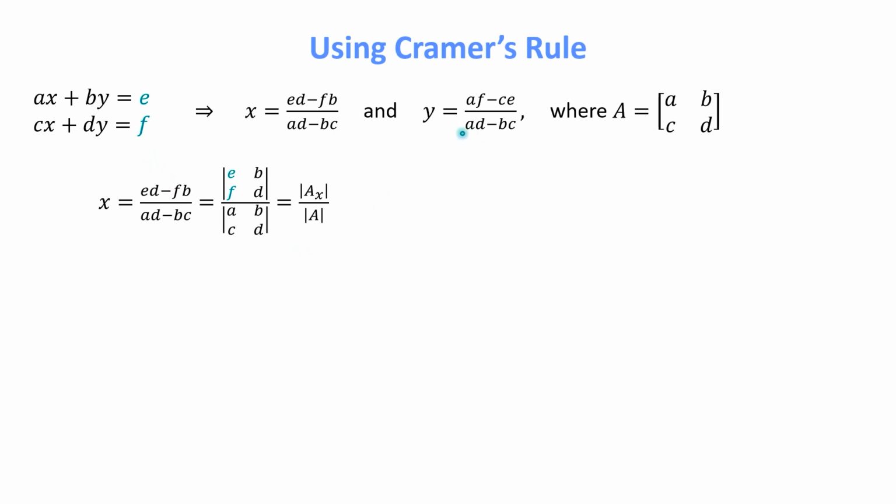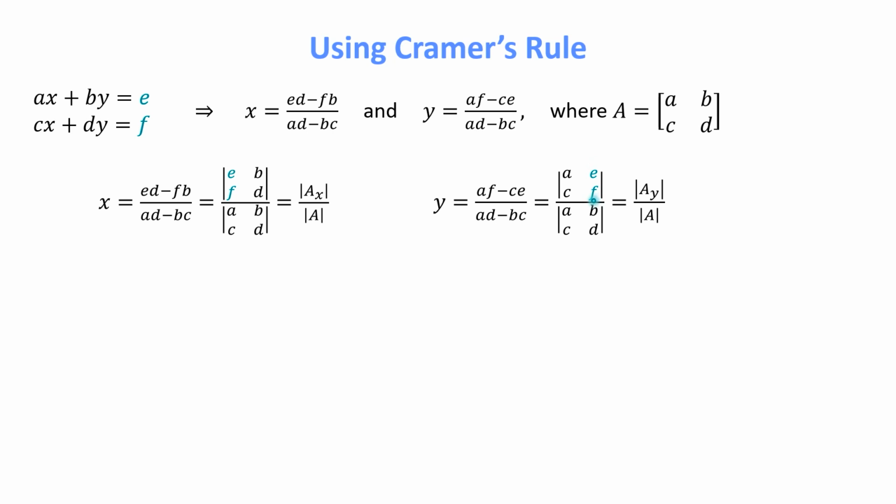Now, if we look at the y solution, again, we can express y in a similar way. Indeed, the numerator now is af minus ce, with the denominator the same as for x. Focusing on the numerator, we can see that af minus ce is the determinant of the matrix with entries a, c, e, f.